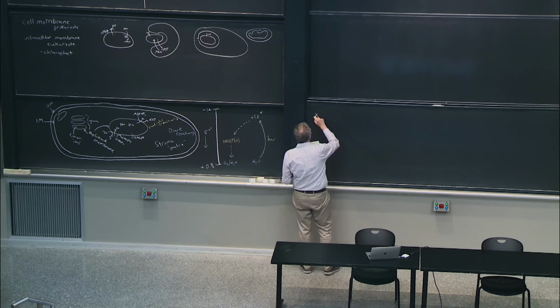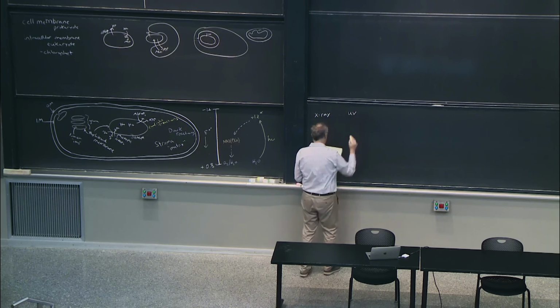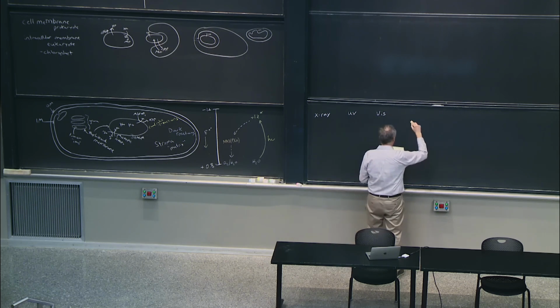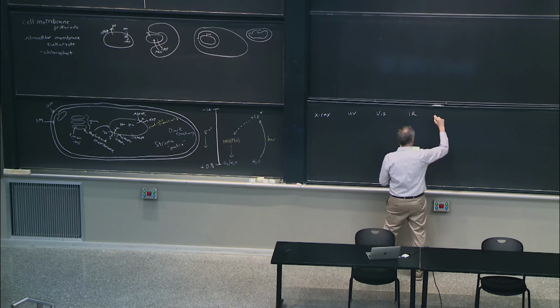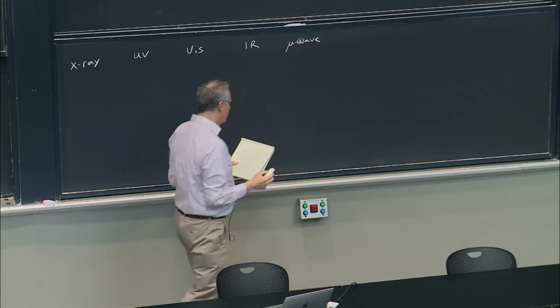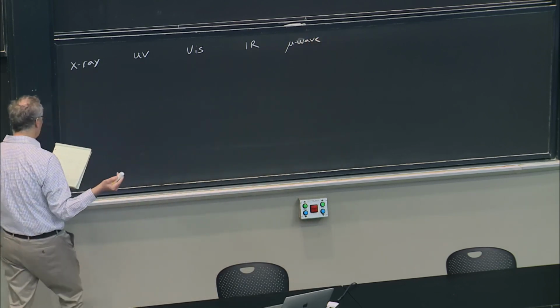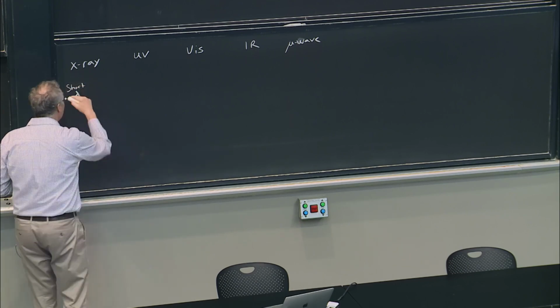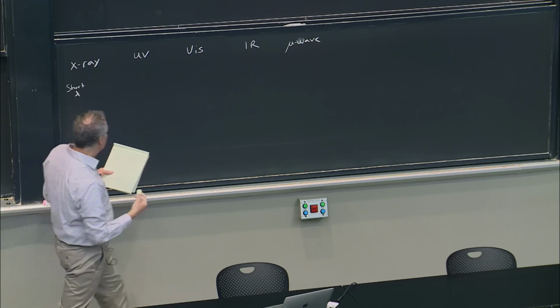Okay, so if we draw this out, this is hopefully something that you've covered in a physics class somewhere along the way. So if this here is the electromagnetic spectrum drawn out, down here you have your short wavelength electromagnetic radiation.